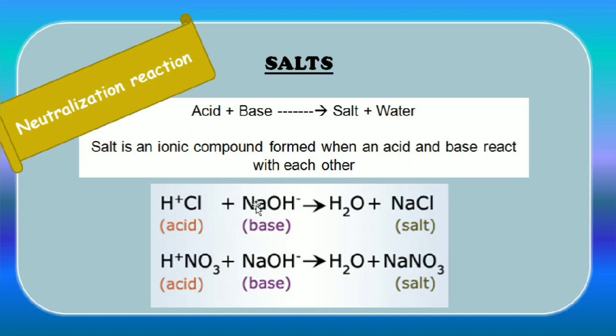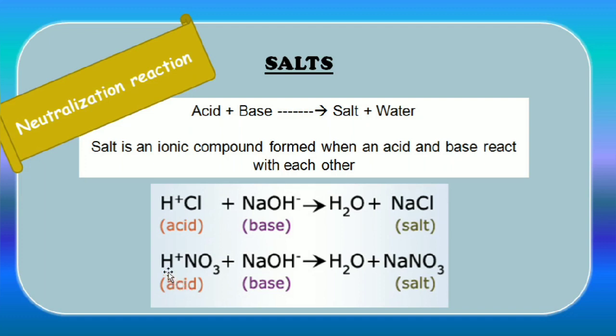Na plus will attach to the chloride ion and OH minus will bind to the H plus ion. So H plus OH becomes H2O, water as usual, whereas Na plus Cl minus becomes NaCl, which is a salt. This is the common salt which we use in our homes.